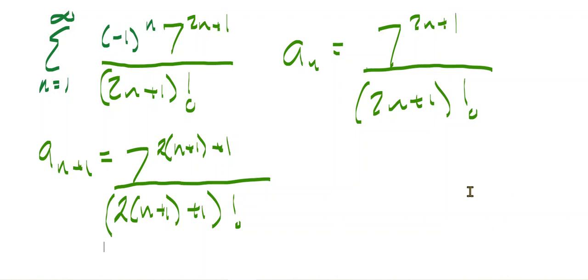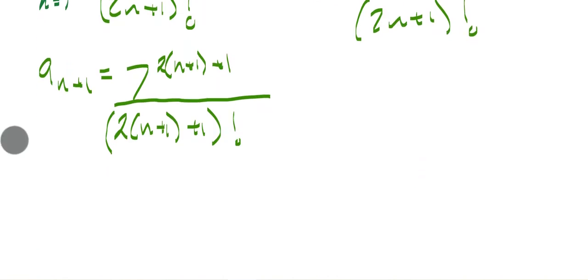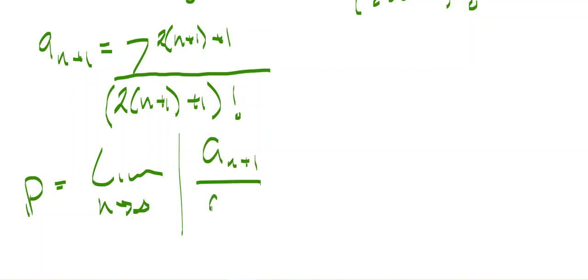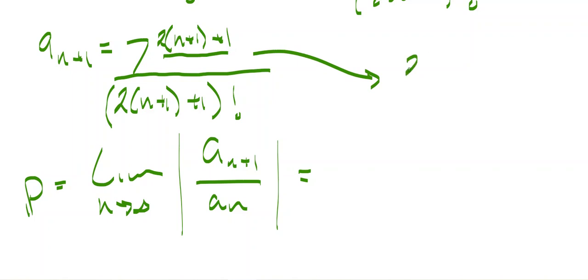So now what we need to do is the ratio test. We want to take the ratio of these. So we're going to say that rho is equal to the limit as n approaches infinity of the absolute value of a sub n plus 1 divided by a sub n. First of all, let's take this quantity here and simplify it. 2 times n plus 1 plus 1 is 2n plus 2 plus 1, or 2n plus 3.